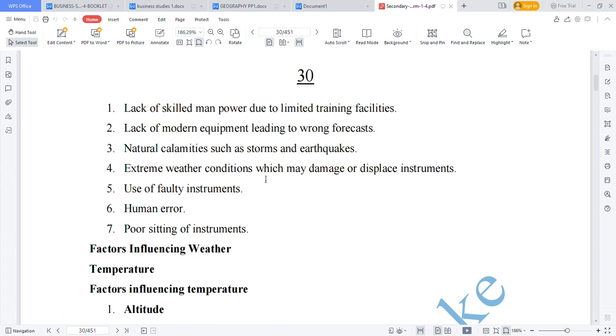Number 3, natural calamities such as earthquakes and storms. Number 4, extreme weather conditions which may damage or displace instruments.